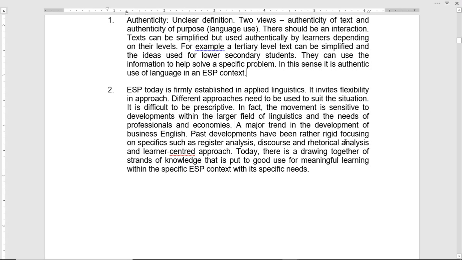Past developments have been rather rigid, focusing on specifics such as register analysis, that is lexical and the language structure, the grammar, then the discourse and rhetorical analysis, and learner-centered approaches. Today there is a drawing together of strands of knowledge that is put to good use for meaningful learning within the specific ESP context with its specific needs.